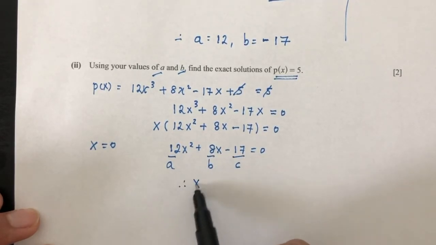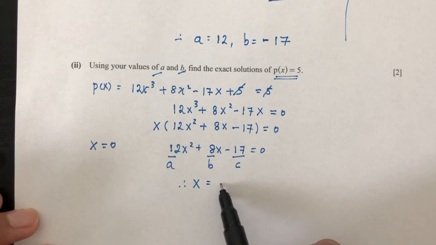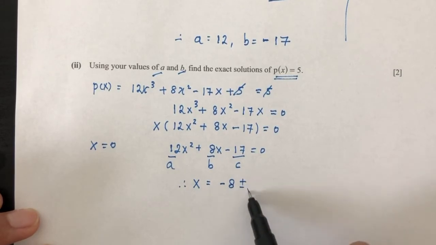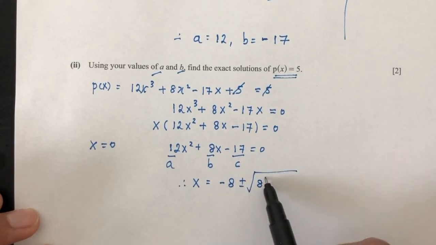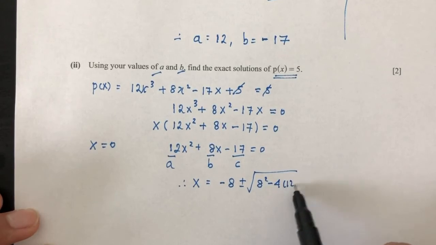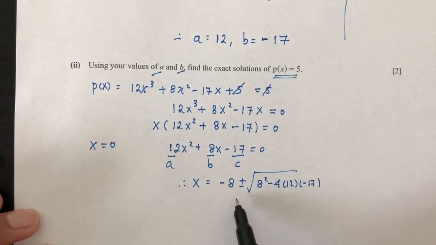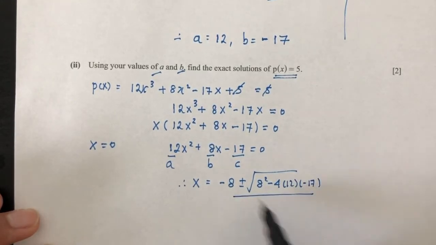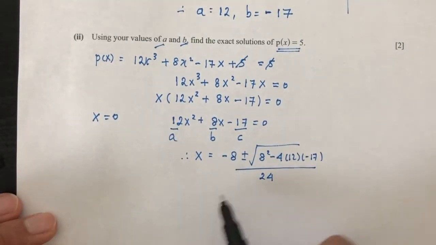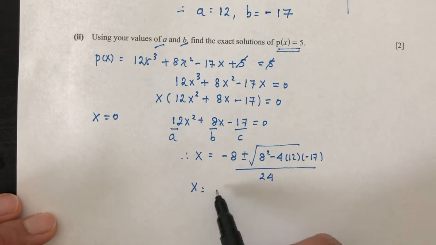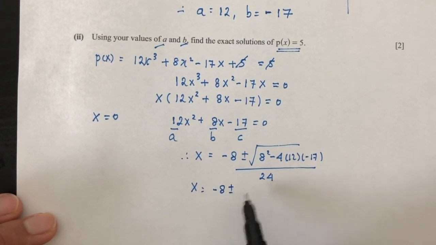So x equal to minus b, which is minus 8, plus minus square root of b squared minus 4 times a times c, divided by 2a, which will be 24. So this is equal to what? So minus 8 plus minus square root of 880 divided by 24.